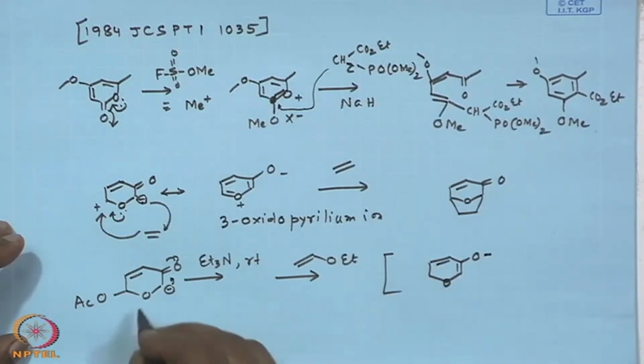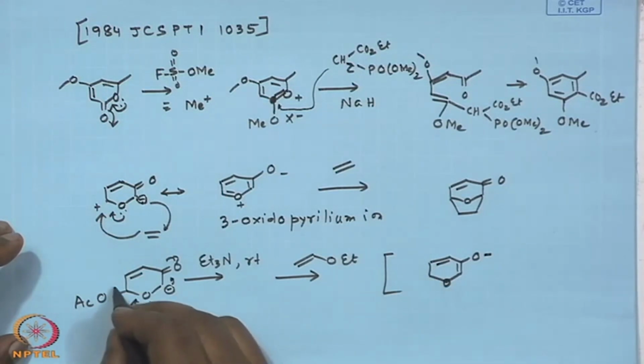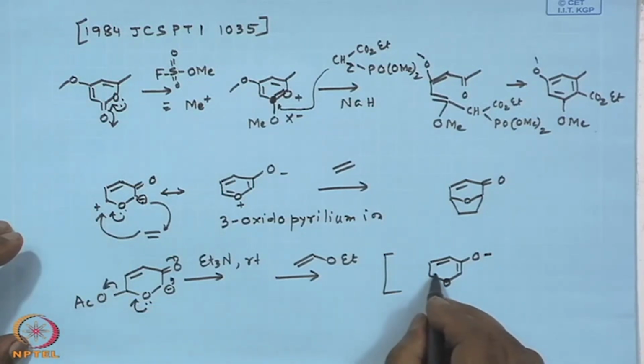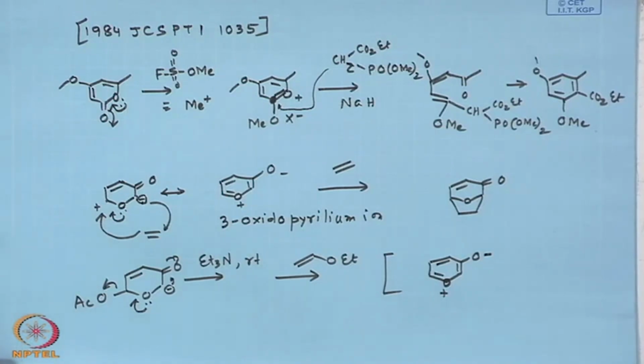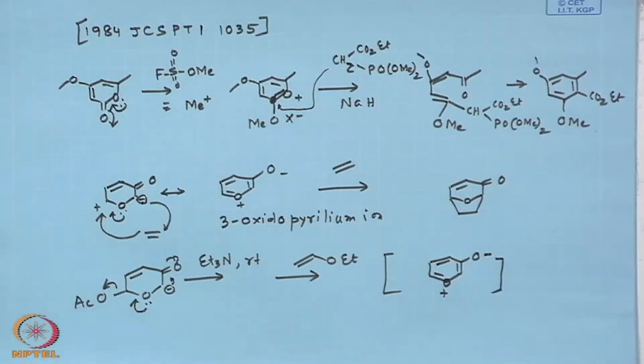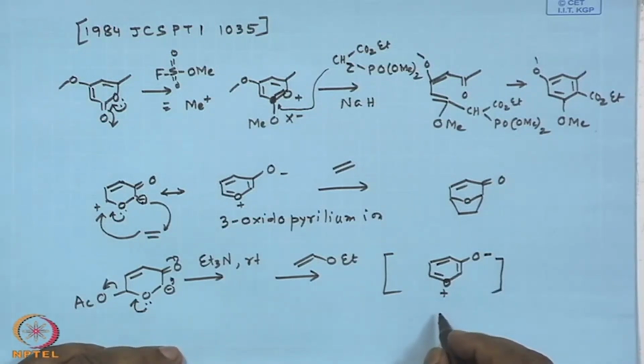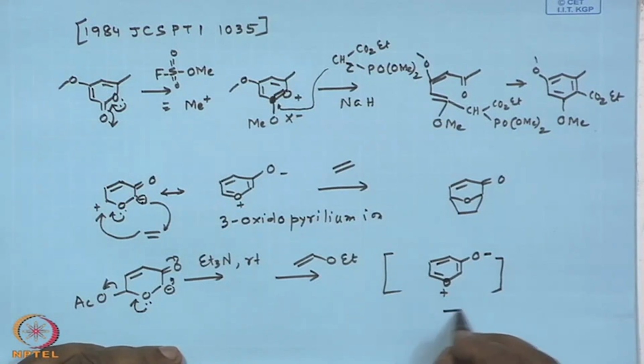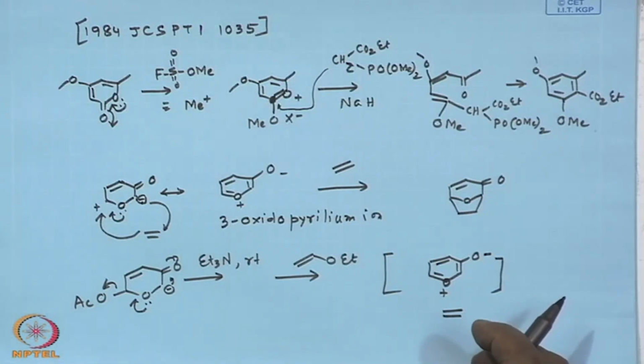Then this oxygen lone pair of course expels the acetate ion. So, you truly get a 3-oxidopyrrolium ion in situ. Then of course the ethylene part, that is the dipolarophile, and the ethoxy could be on your left hand side or the right hand side, right.